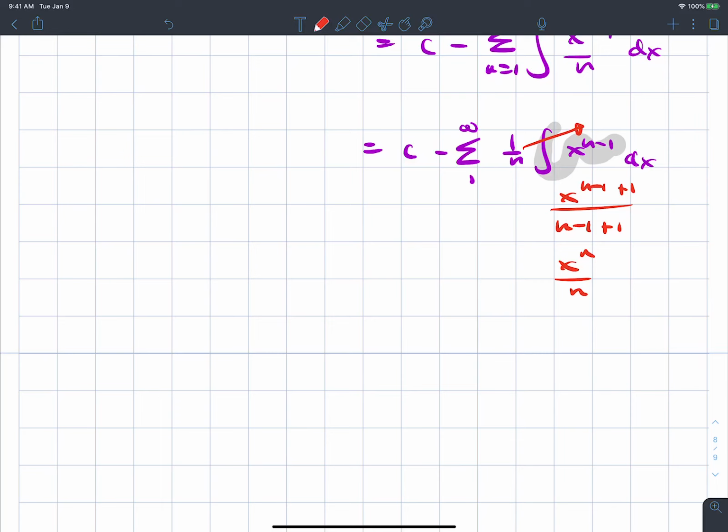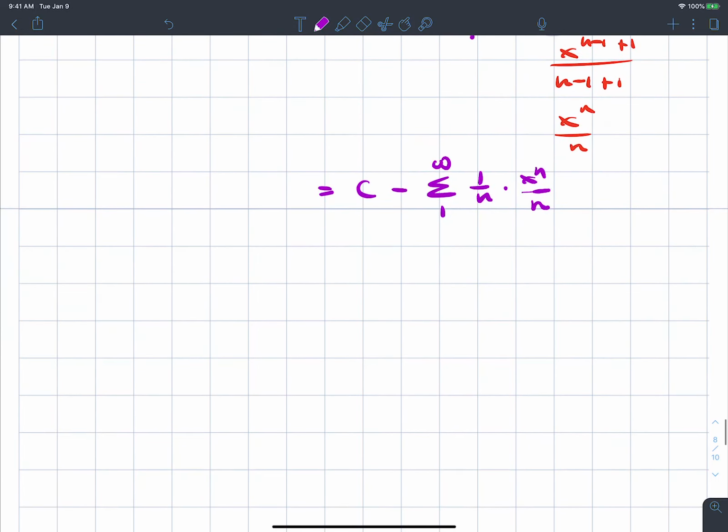So this portion is x to the n over n. I get c minus the summation 1 to infinity, 1 over n times x to the n over n. So I get the constant minus the summation 1 to infinity x to the n over n squared.